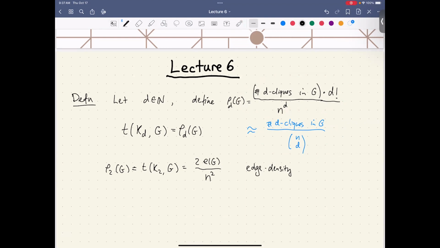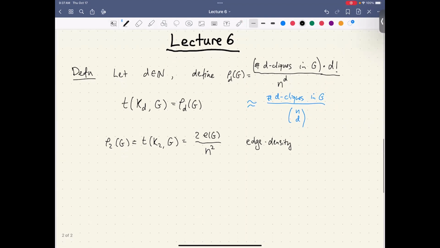So Mantel's theorem can be translated in terms of density: for any triangle-free graph G, we have rho_2 of G is at most 1/2.